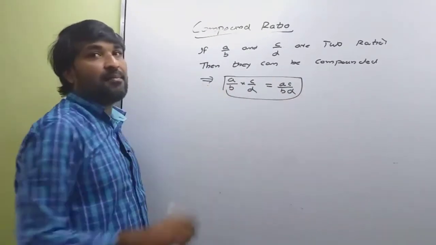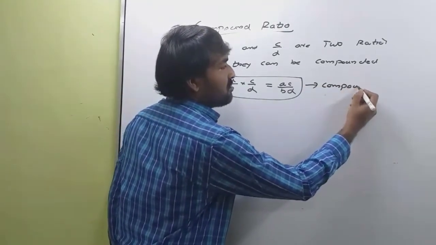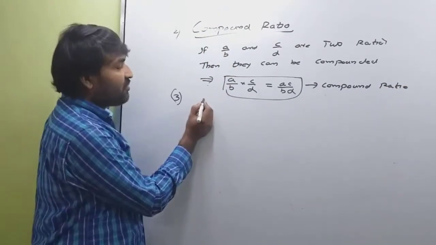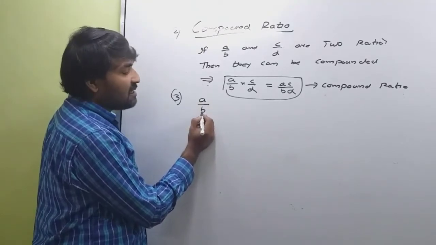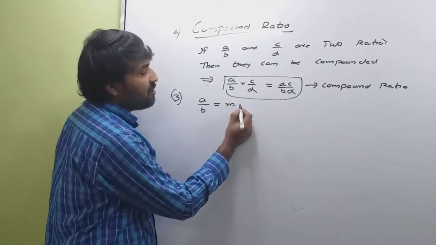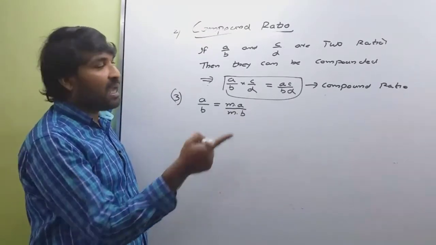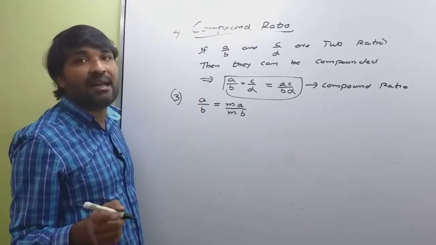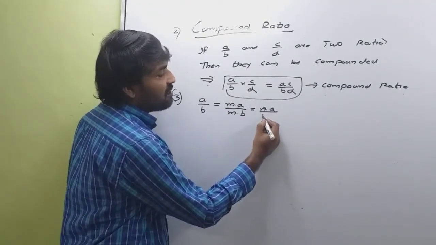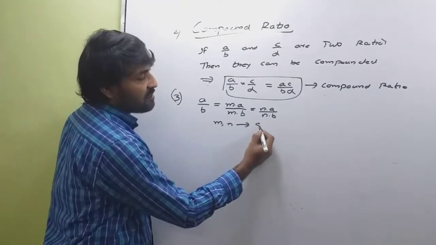This is a compound ratio. If A by B is a ratio, then this is equal to M into A divided by M into B, that is, we are multiplying the numerator and denominator by a scalar M. That is equal to N into A by N into B, where M, N are scalars.